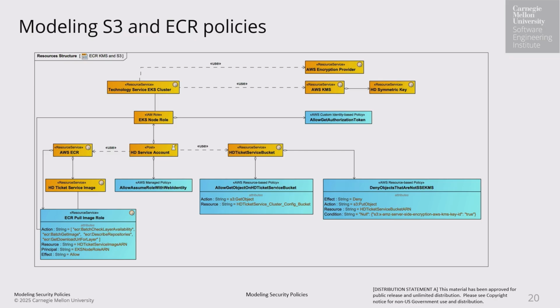Perhaps next time we will do something like that. ECR policy is here in the lower left-hand corner that specifies actions, principal, and effect that allows services or EKS to pull a specific image from the repository, from the registry.